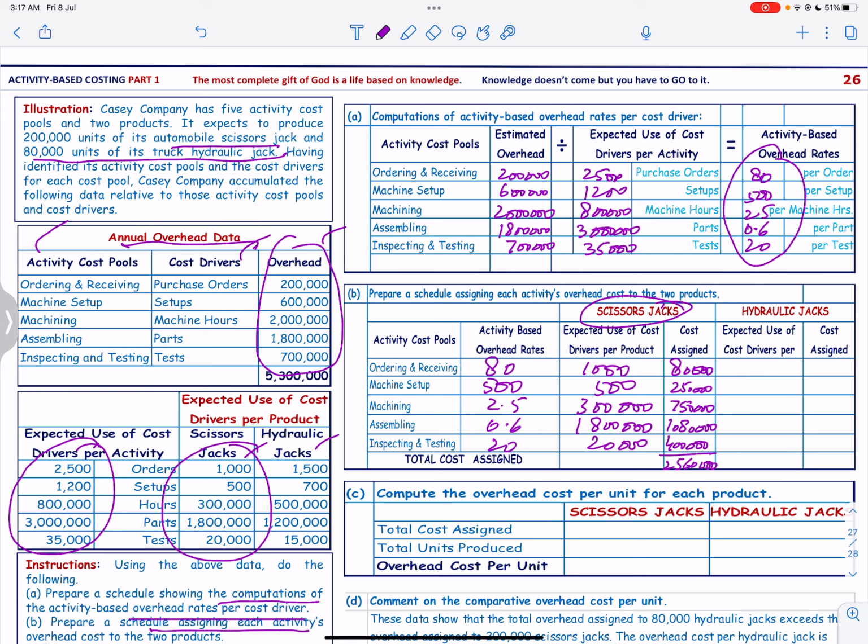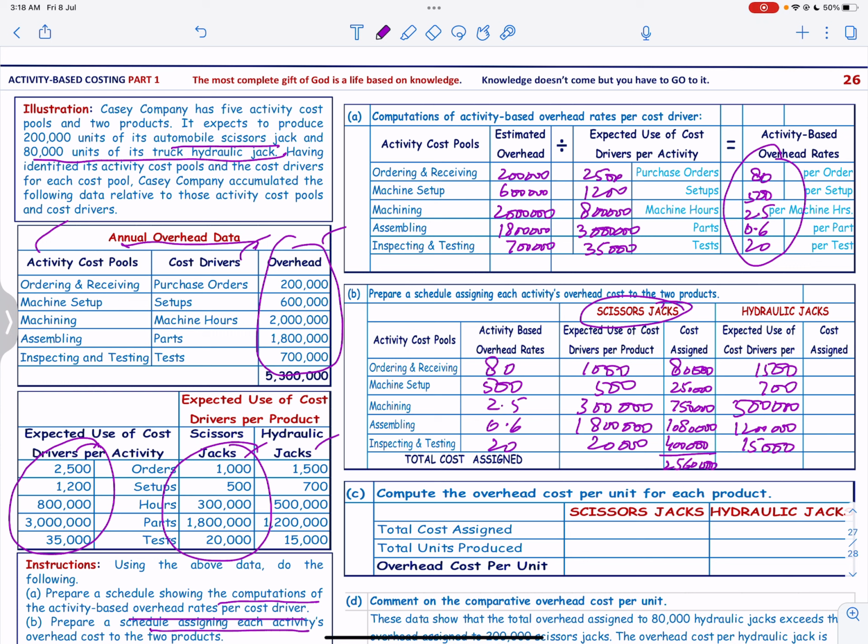For hydraulic jacks, we have the expected use of cost drivers as 1,500, 700, 500,000, 1,200,000 and 15,000.